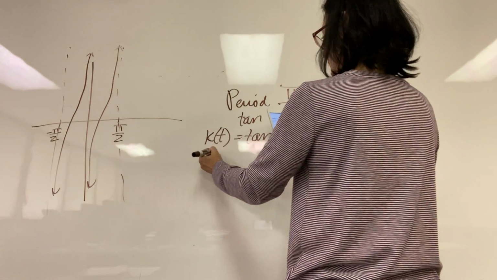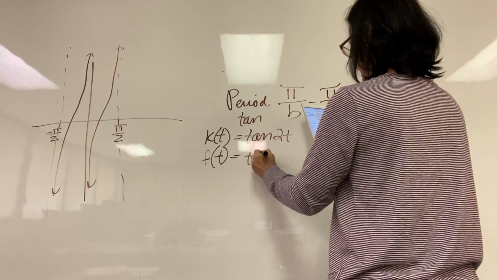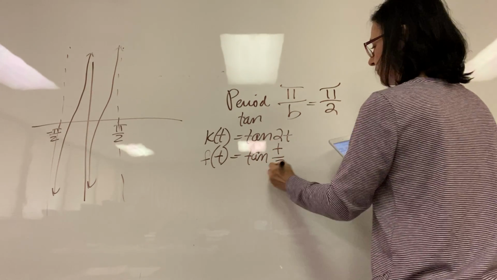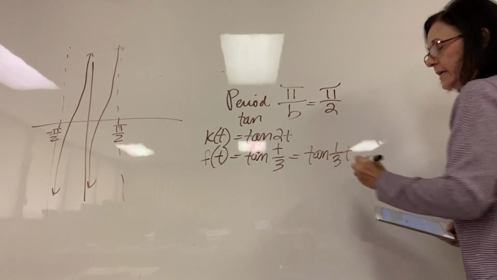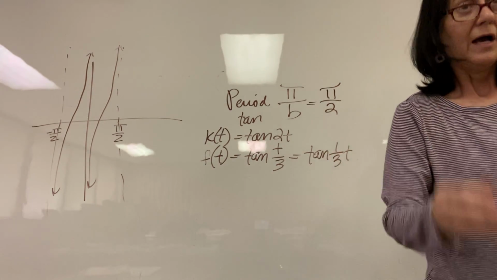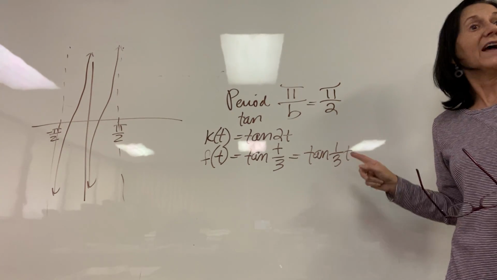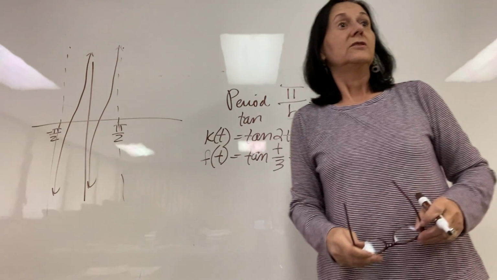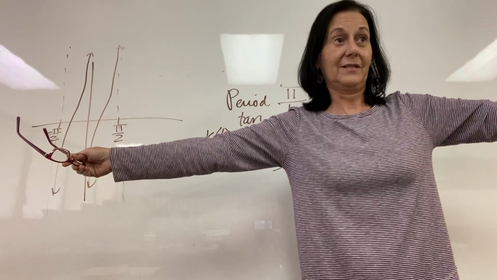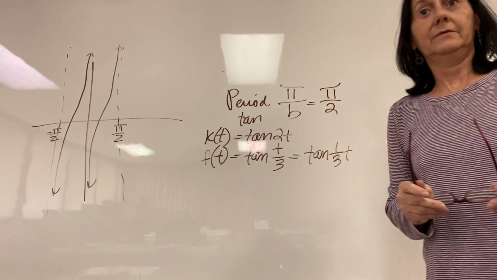All right, what about B? f of t is the tan of t over 3. That's the same thing as writing the tan of 1/3 t, and we're going to do the same. Now, only 1/3 of a curve has been completed in that length of pi. So it's going to take 3 times that to complete one whole cycle.